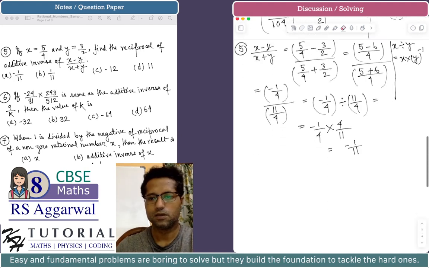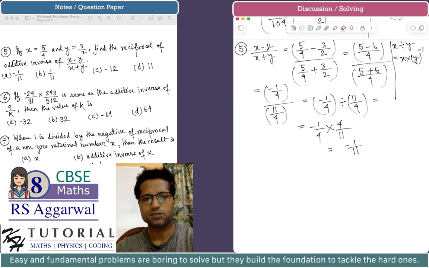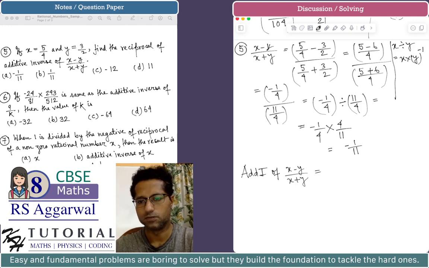Okay. So now it has asked to find the reciprocal of the additive inverse. What is additive inverse? Additive inverse of x minus y divided by x plus y, where x minus y divided by x plus y is equal to minus 1 by 11.